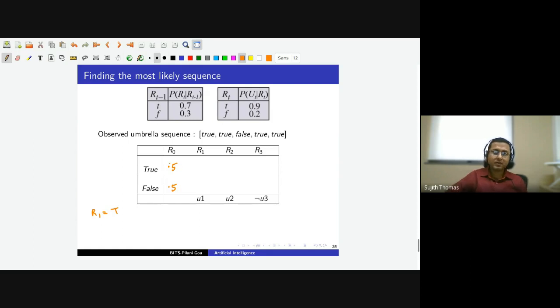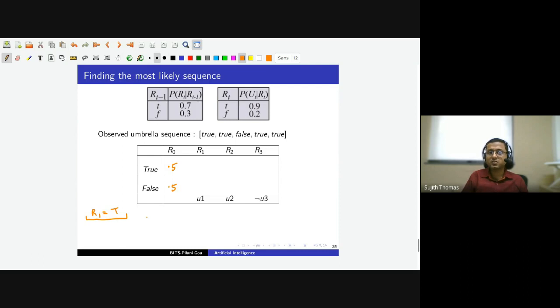So we will have to consider two possibilities for R1 equal to true. The first possibility is we are building the sequence starting from R0 equal to true, and the other possibility is we are extending the sequence starting from R0 equal to false.